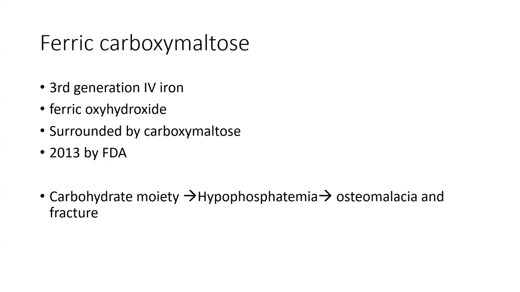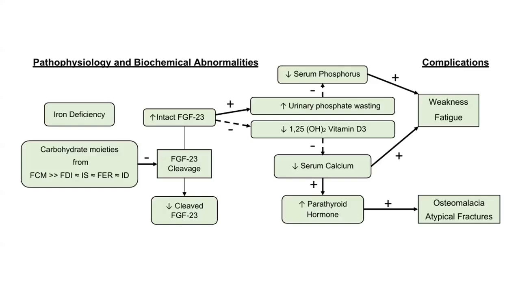But what they found was that in patients treated with ferric carboxymaltose, if the patient was already a bit on the low phosphorus side, they developed hypophosphatemia, and some of them even developed fractures and osteomalacia. And that is when this description was done and it was found that the carbohydrate moiety of ferric carboxymaltose has a high propensity to prevent the cleavage of FGF23.